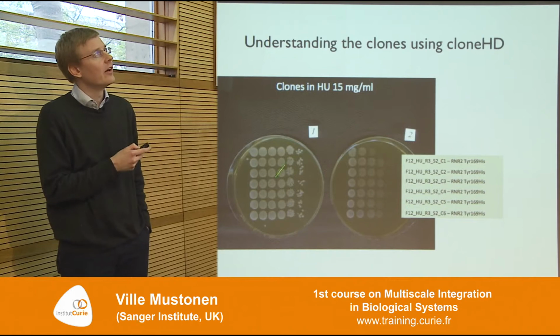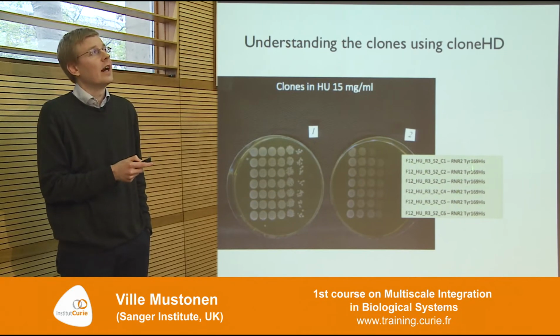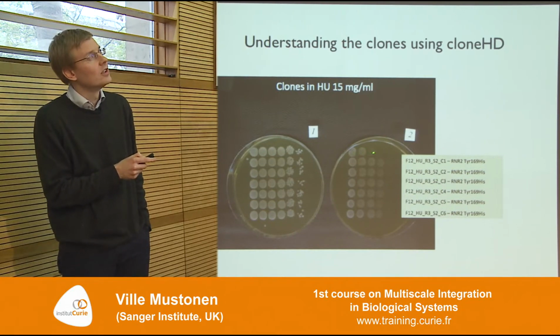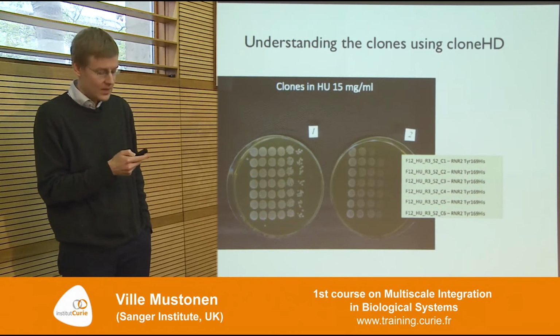And what you see here is a spot assay for these 6 clones, and there is a mutation in RNR2 protein that is changing an amino acid, and you can see that without that mutation, cells don't grow nearly as well as with that mutation, whereas in the control condition they all grow nicely.